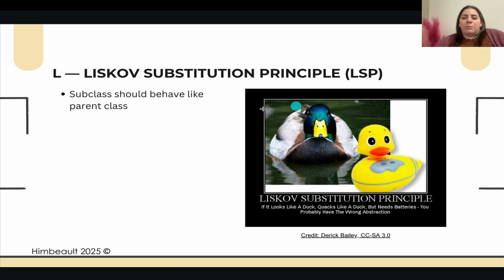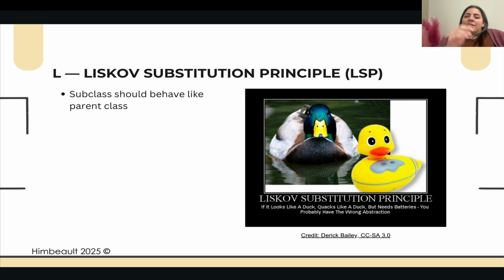So if we have a duck superclass, and underneath the duck superclass, we have hook-billed ducks, and that's literally the only duck name that I know. Green ducks, I don't know. It's a poor choice for me, but this is the standard choice. And then we also have bath time ducks, rubber ducks, right? A robot duck. And those all fall underneath this superclass of duck because they're a type of duck.